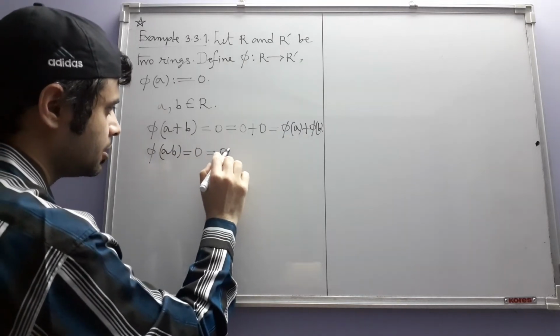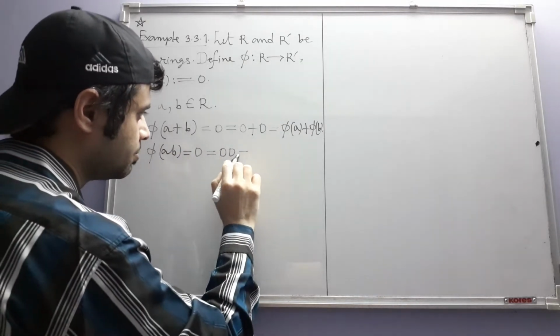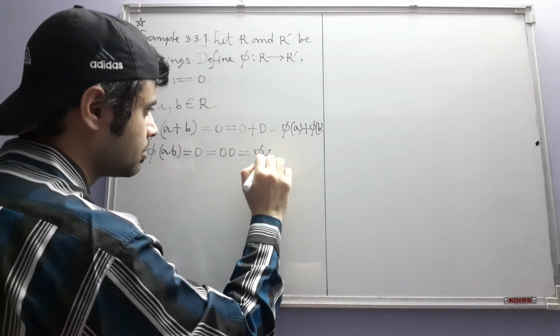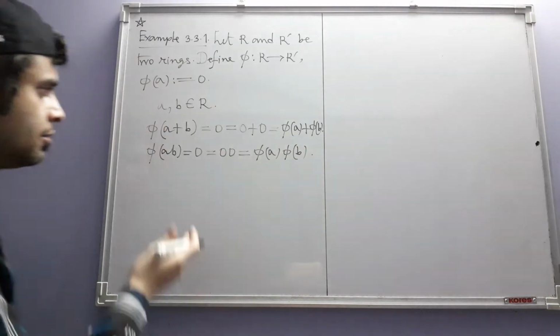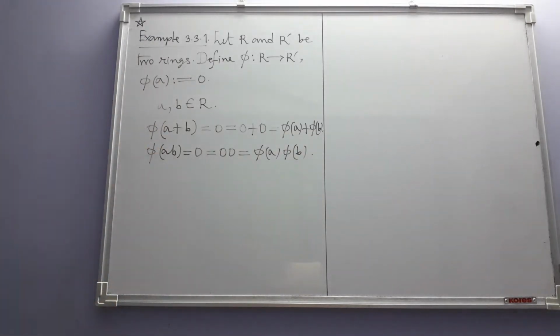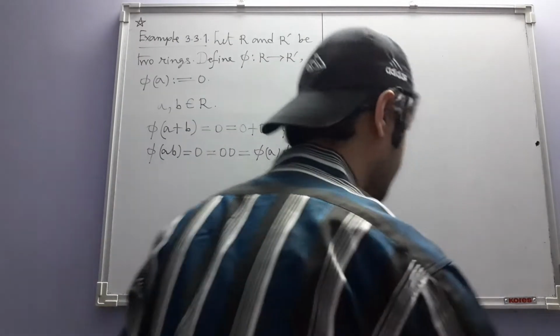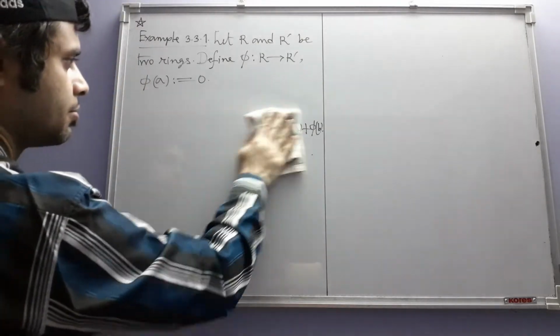This also can be written as 0 times 0, which is phi of A, phi of B. So this says that phi is a homomorphism. And we can write it like this.